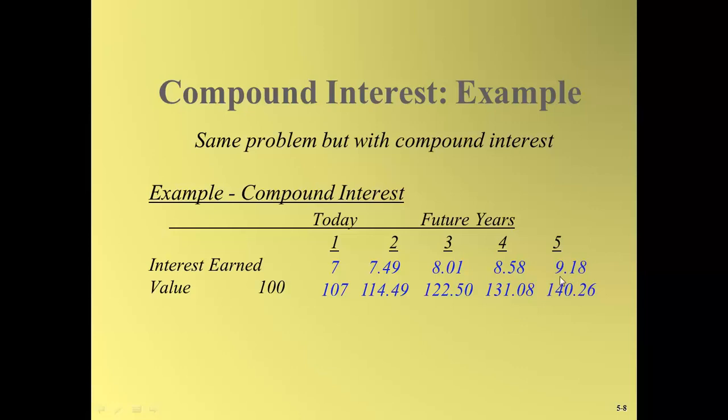So with simple interest, all these amounts of interest earned per year are $7, whereas with compound interest, they grow because the interest earns interest on itself. So the value is greater for compound interest at the end of year 5, at 140.26, as compared to 135 with simple interest.